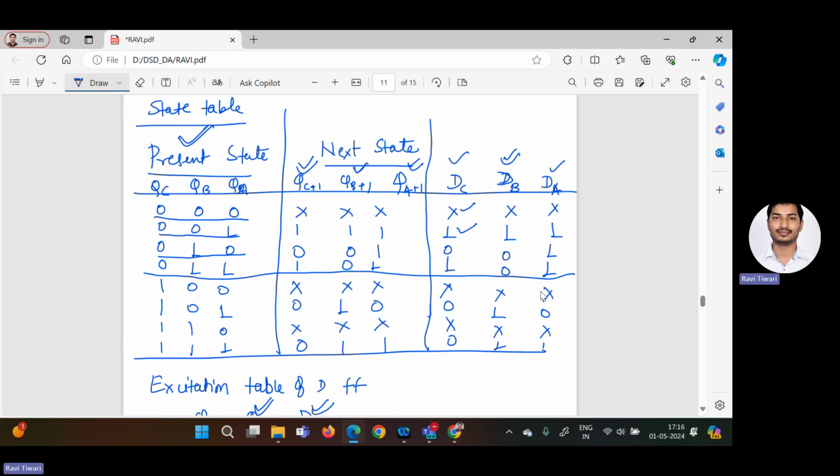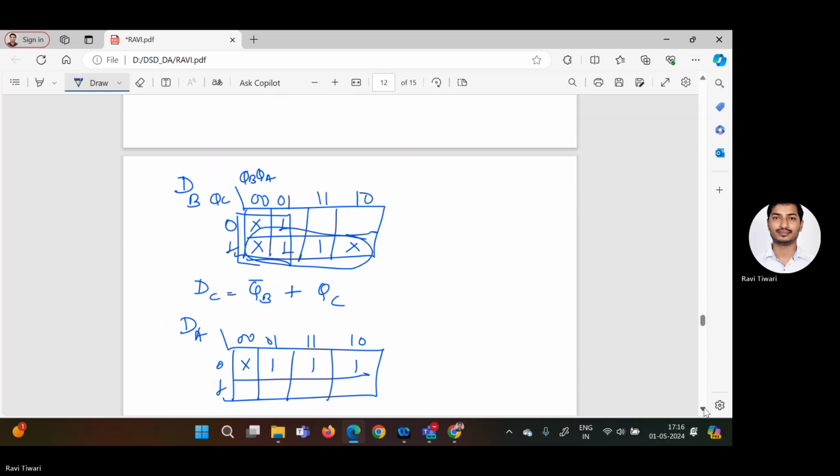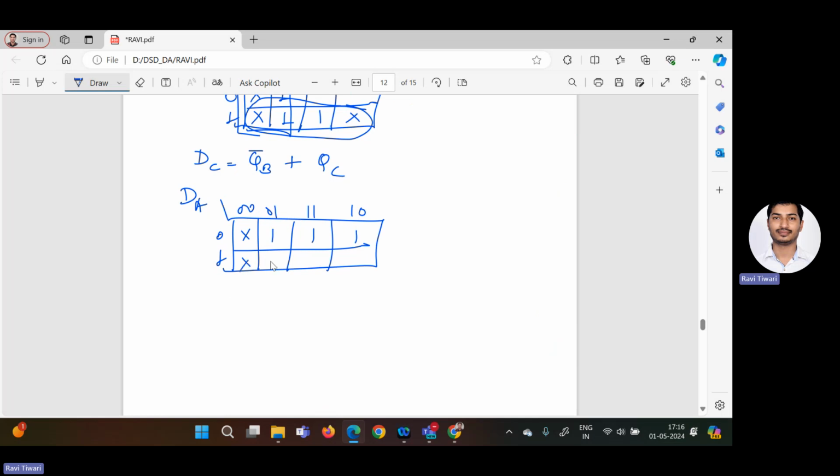Then it's don't care, 0, don't care, 1. Don't care, 0. So it's don't care, 0, don't care, 1. So now this is the table. I can make one group like this, and I can make one group like this. So the expression of DA will be given as QC bar plus QB.